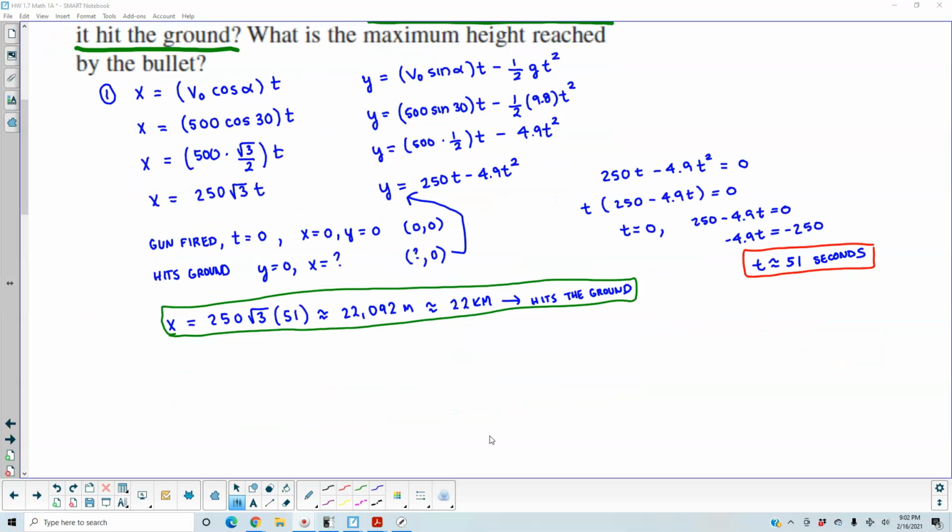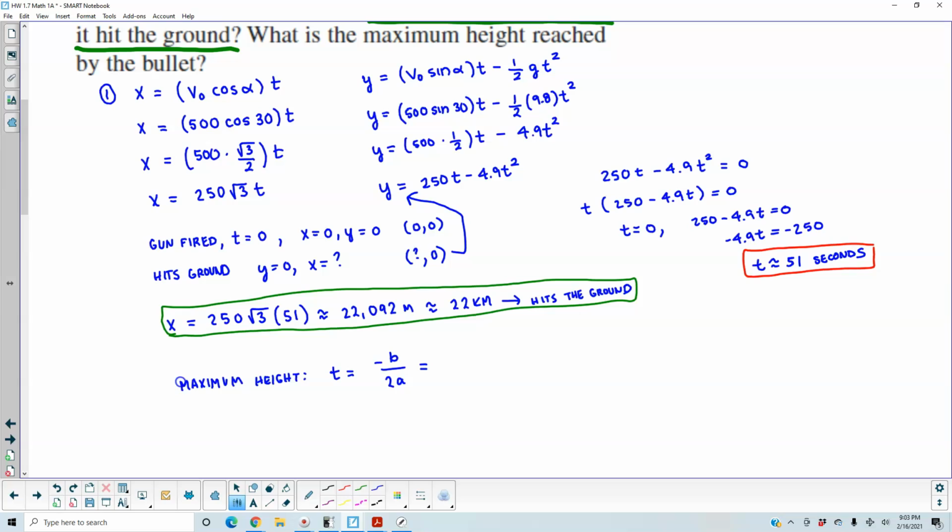To find the maximum height reached by the bullet, we need to use our vertex formula. The reason why is because we're dealing with a quadratic, so we can figure out what the maximum is at a certain time. We know that t is equal to negative b over 2a when we talk about our vertex formula.